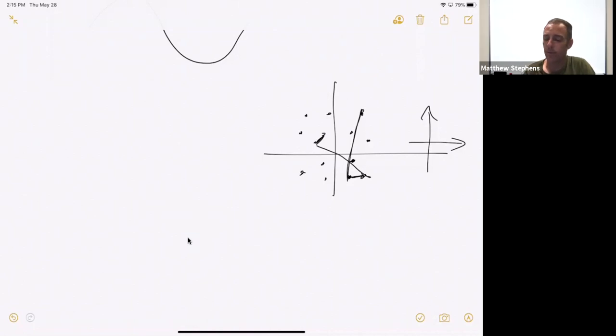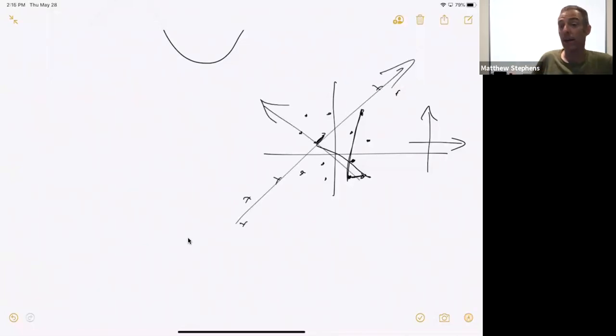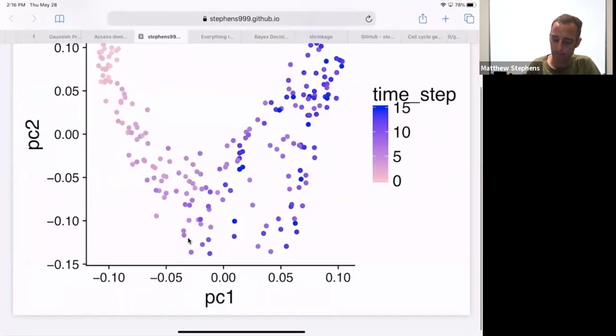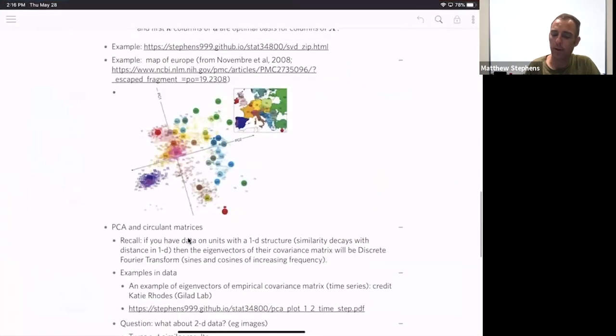If you had data spread out like this, you might see this kind of direction. But in any case, it's a pretty robust result that you'll see the first 2 eigenvectors, after you've removed the mean, reflect position in 2-dimensional space. So that's what's going on here.